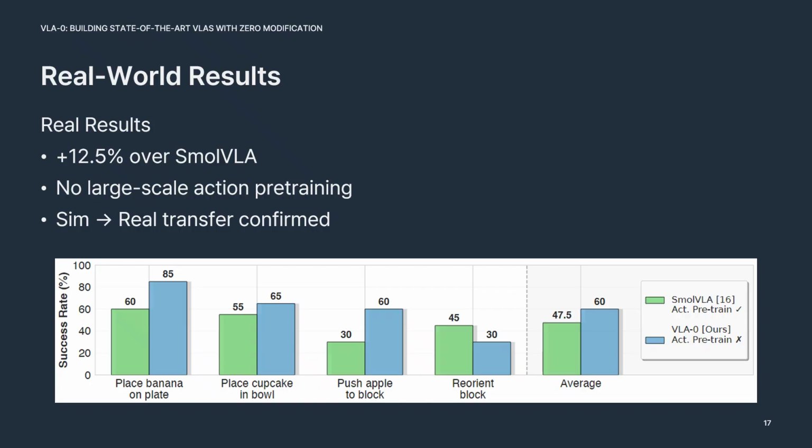VLA-0 achieves a 12.5% higher success rate than SmolVLA on average. What's important is that VLA-0 has no large-scale action pre-training. This confirms that sim-to-real transfer is working well.